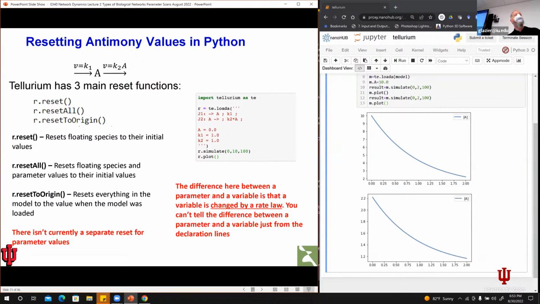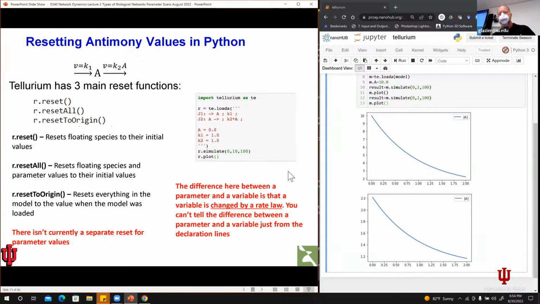A parameter only appears in the rate definitions. It may look like they're not different, but K1 and K2 don't change when I run the simulation. A changes. And Antimony cares a lot about that. There isn't something that will reset the parameter values independently of the variable, as far as I know.